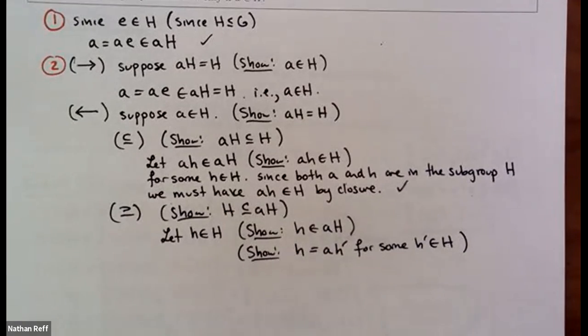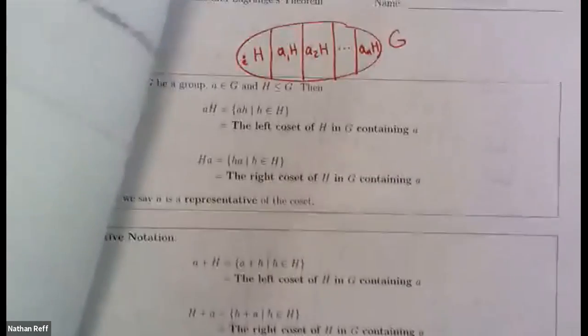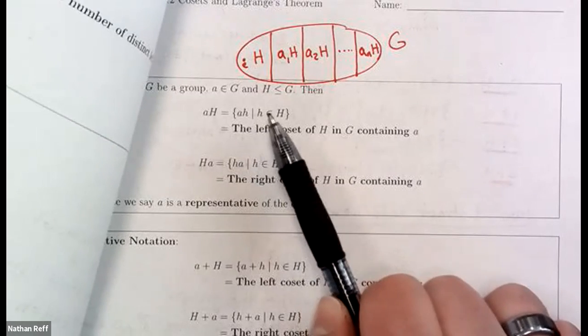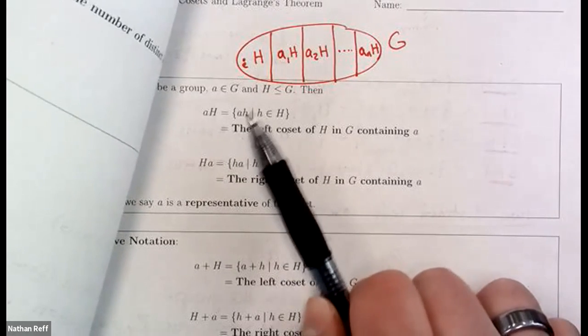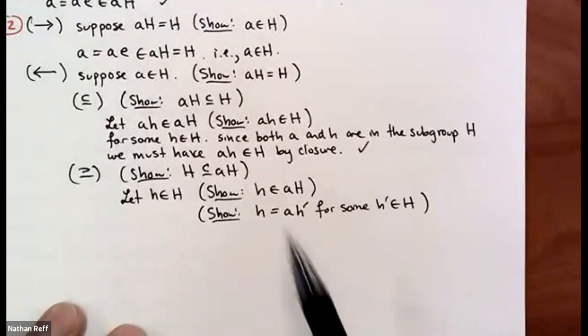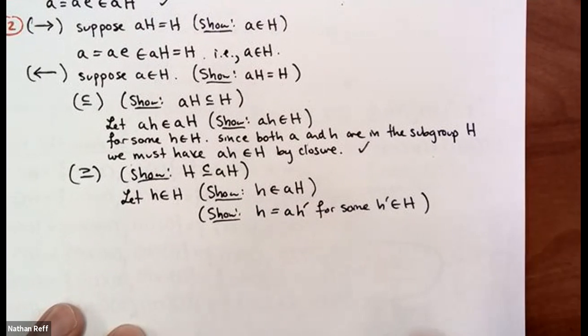Remember that this coset, AH, is a collection of things of the form a times h, where h is in big H. But that little h is changing, so I have to give that guy a different name because it's just some other element.